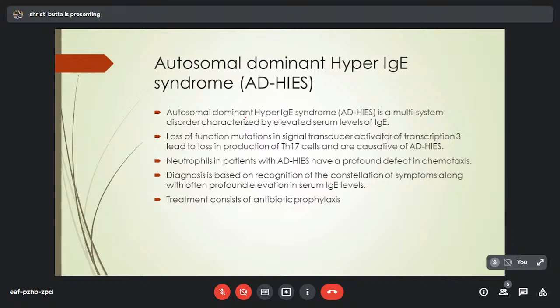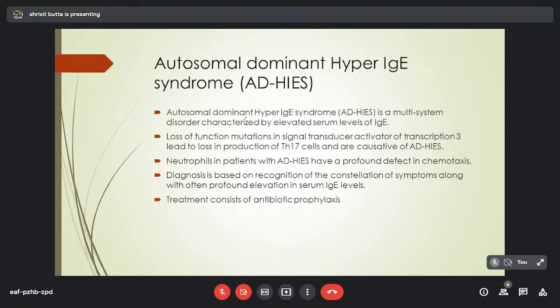Now coming to the autosomal dominant hyper IgE syndrome. It is a multi-system disorder characterized by an elevated level of IgE. There's a loss of function mutation in the signal transducer and activator of transcription 3, STAT3, and that leads to a loss in the production of T helper 17 cells. Remember, in the last class we discussed that T helper 17 cells are implicated in the recruitment of neutrophils.